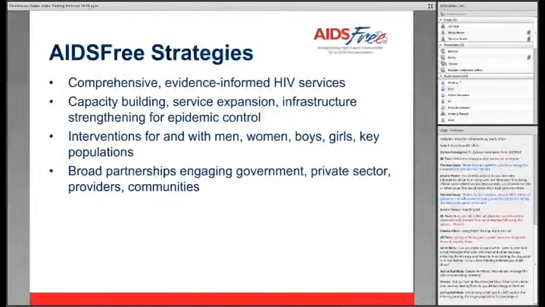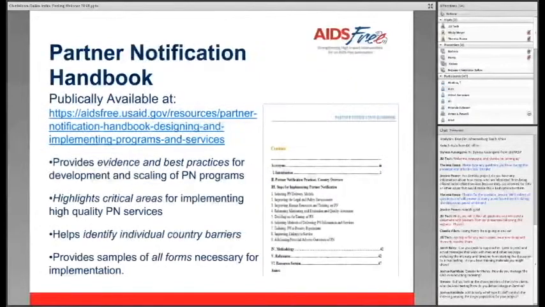We achieve those goals by focusing on various technical areas, including HIV prevention, diagnostics, care, and treatment. In the countries, we work collaboratively with national governments, with private sector, with community organizations.